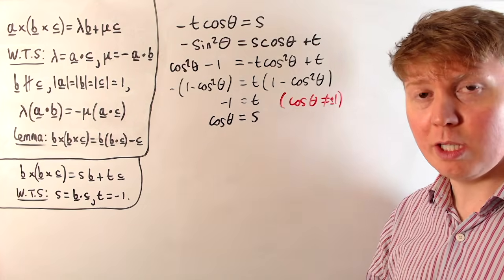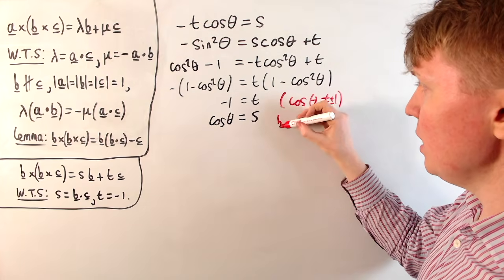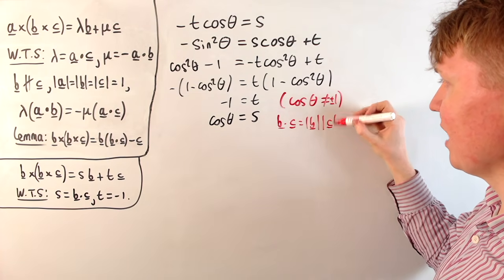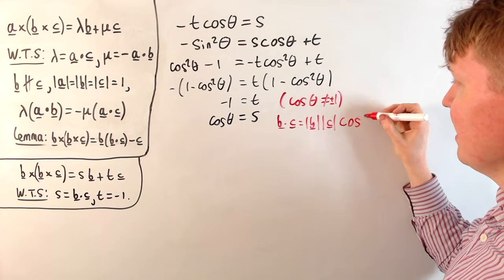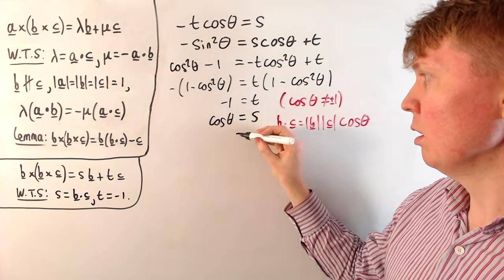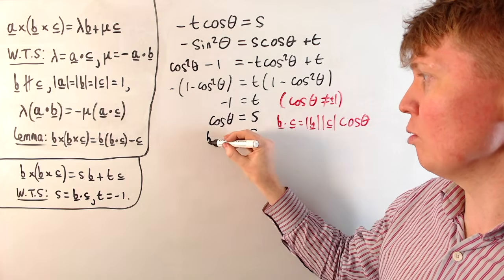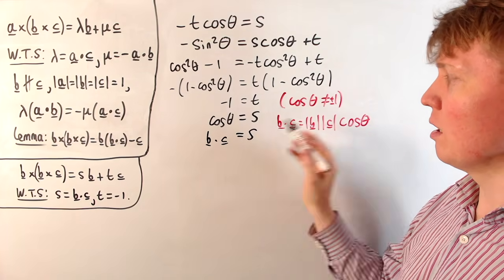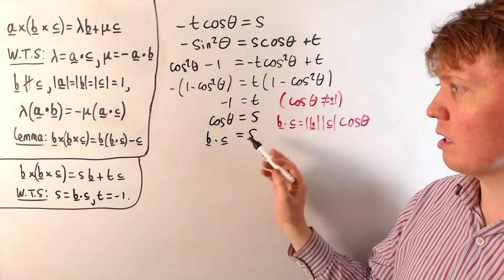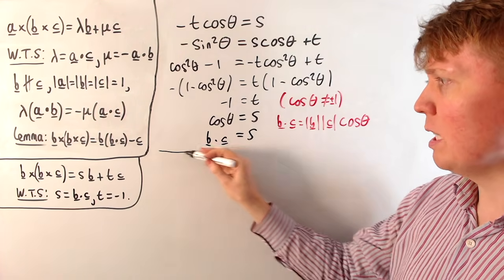Theta is the angle between b and c, and b dot c is just equal to the magnitude of b times the magnitude of c, they're both 1, times cos theta. So b dot c, remember, is actually cos theta, and then we've shown that s is indeed equal to b dot c, at least in this case where cos theta isn't plus or minus 1. So we've got t is negative 1, we've got s is b dot c.